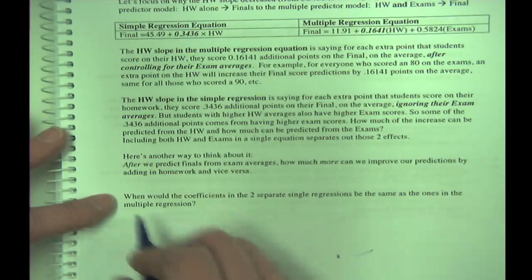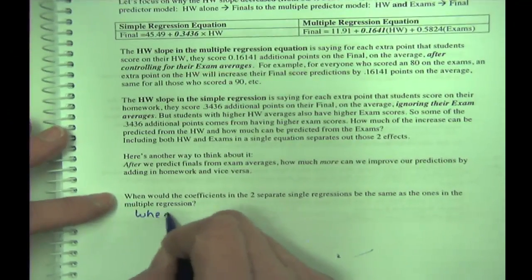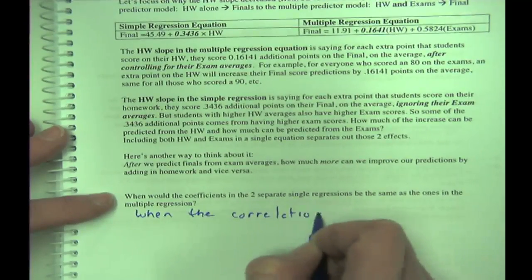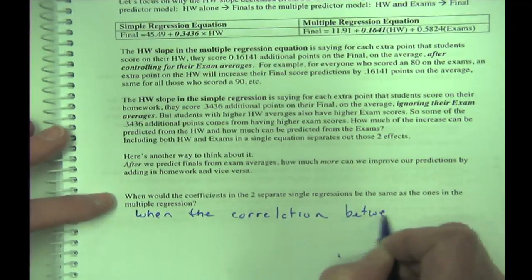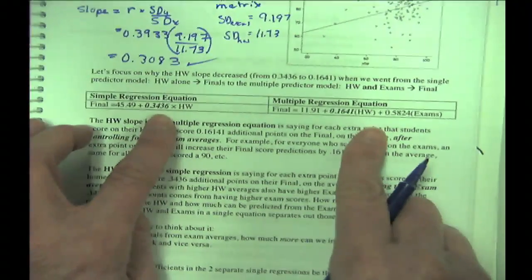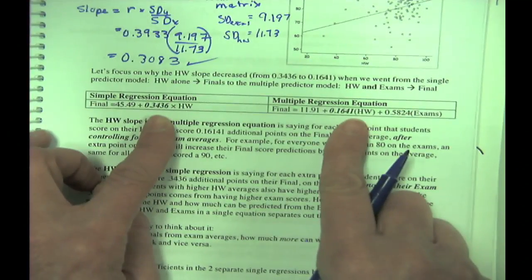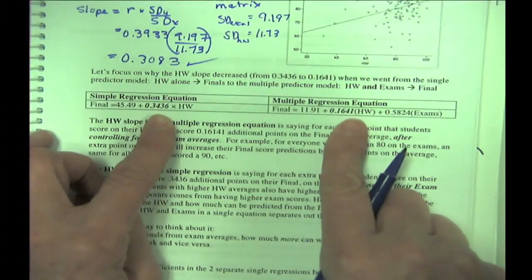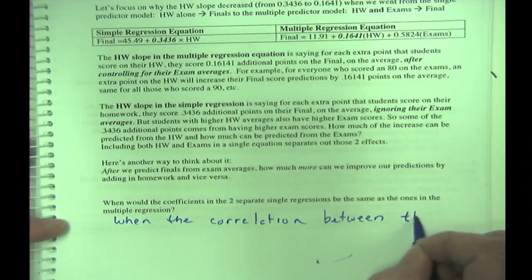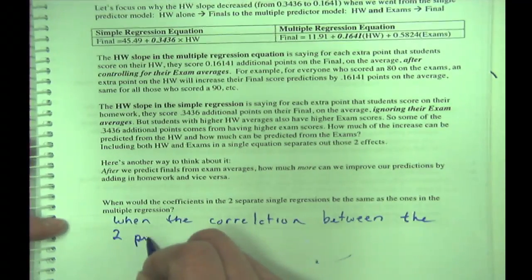When do you think they'd be the same? We talked about it. When the correlation, let's just write this down, between, when would this stay the same? And same for the other one. Remember what we said, when the correlation between what? The two predictor variables is what?